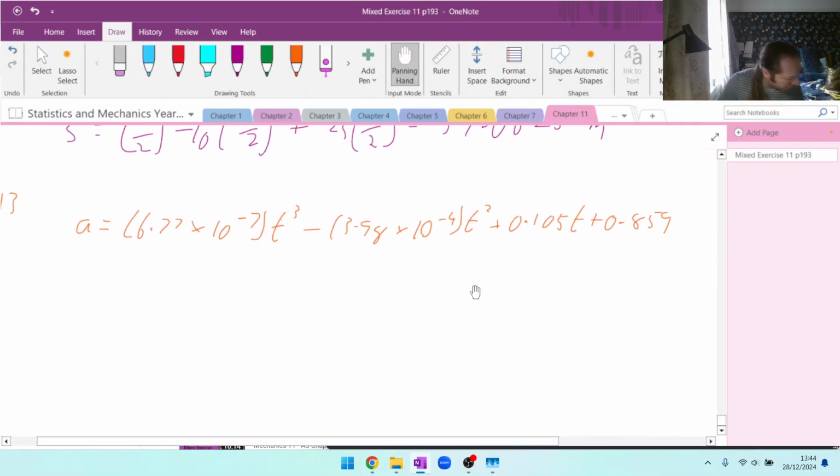Right then. Suggest 2 reasons why the space shuttle might experience variable acceleration during its launch phase. Any suggestions?